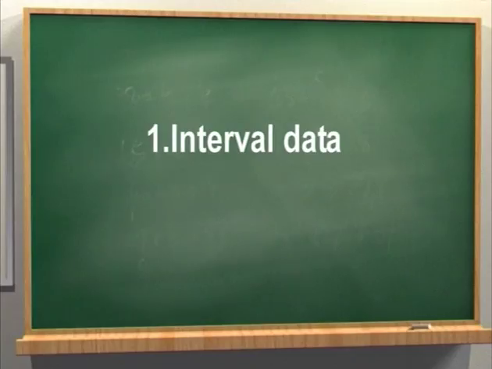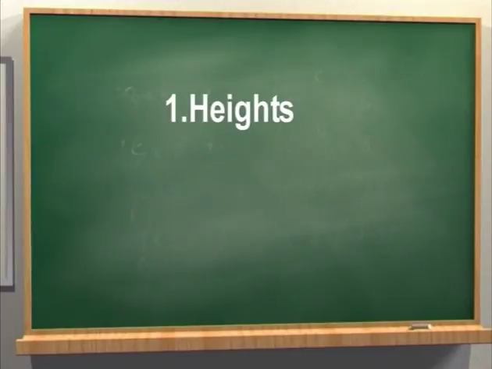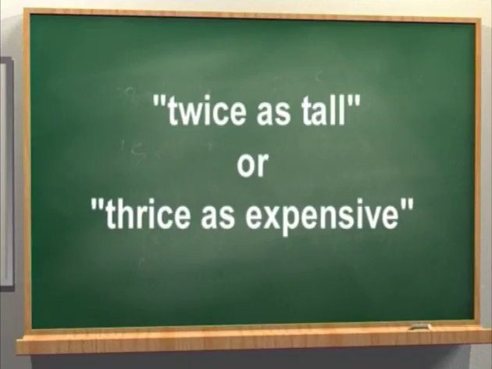Cardinal data, which might be classified as interval data and ratio level data, are represented by real numbers. Example, heights, weights, prices, etc., which are quantitative or numerical that allow meaningful arithmetic operations.